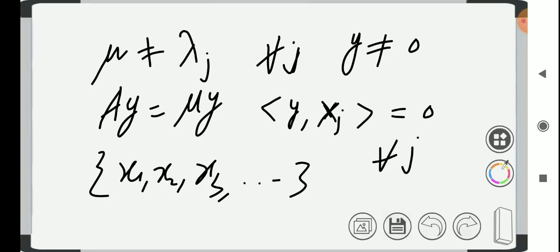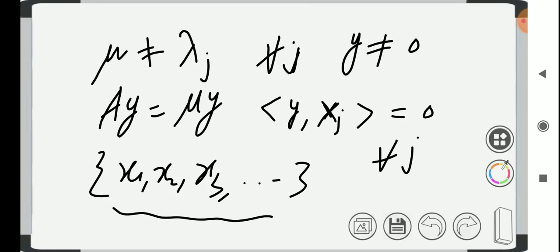This is by the property of orthonormal bases. Since these are the orthonormal eigenfunctions of the corresponding symmetric operator, and y is also an eigenfunction, and mu is not equal to lambda j.